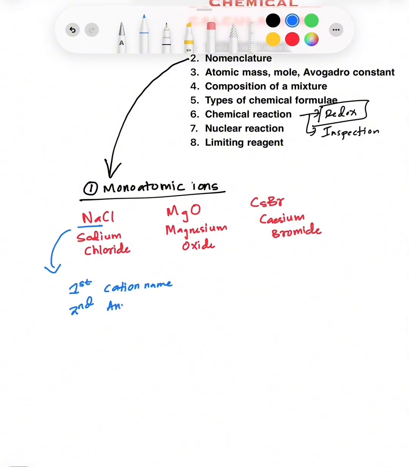Second, we write the anion name, but we end it with ide. See, this is the anion, so we end the name with ide, and there should be a gap between the cation and anion name. These are the 3 rules under monoatomic ion.